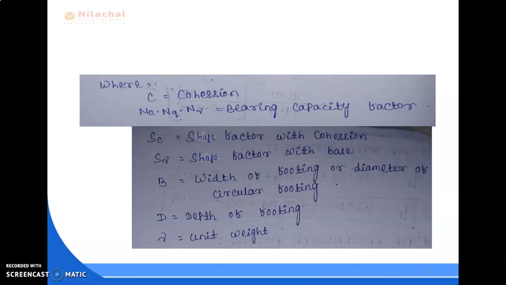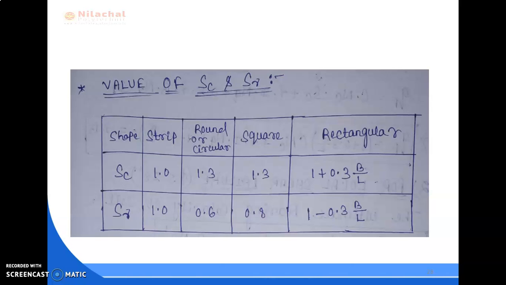Where c equal to cohesion, Nc, Nq, N gamma equal to bearing capacity factors, Sc equal to shape factor with cohesion, S gamma equal to shape factor with base, B equal to width of footing or diameter of circular footing, D equal to depth of footing, gamma equal to unit weight of soil. So the values of Sc and S gamma, that means shape factor values for different types of footing like strip, round or circular, square or rectangular.